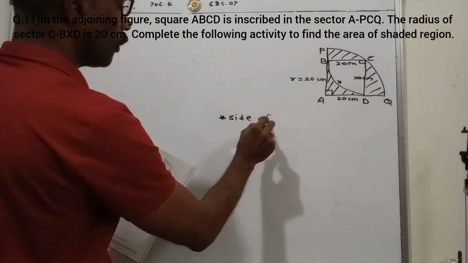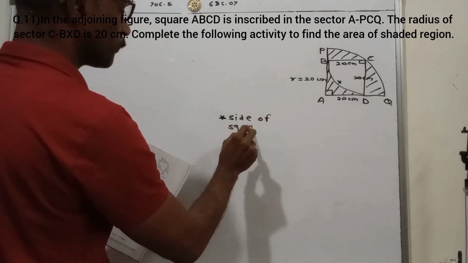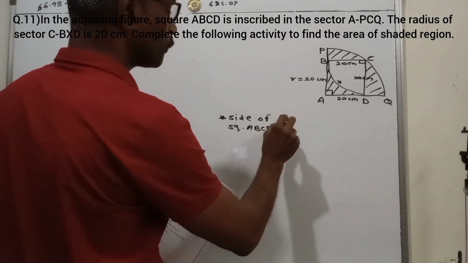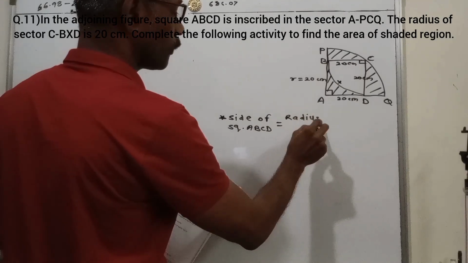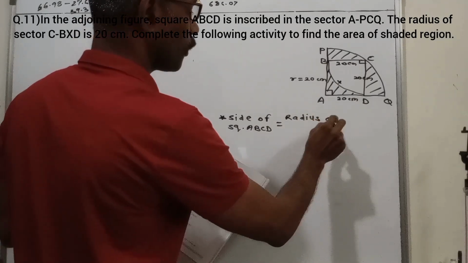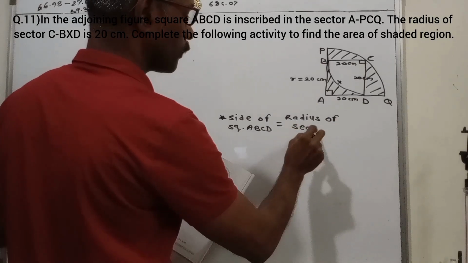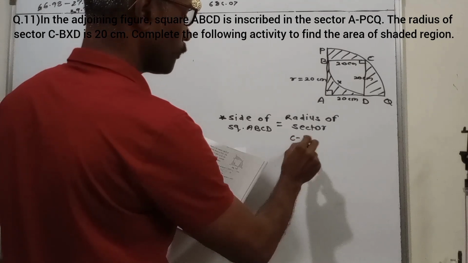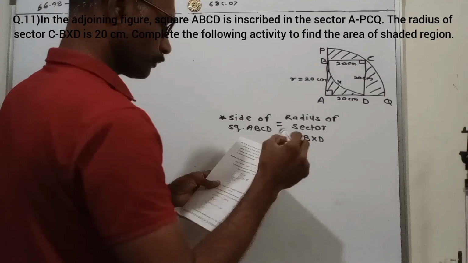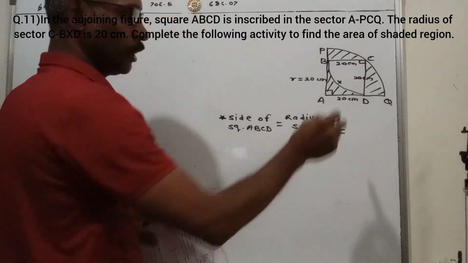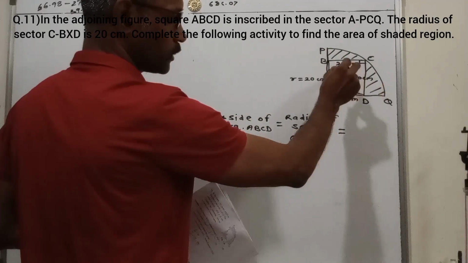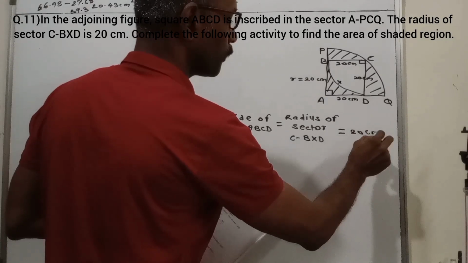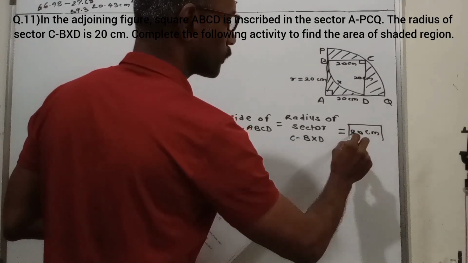Side of square ABCD is equal to the radius of sector C-BXD, which is equal to, see this, C-BXD radius is 20 centimeter. This is your first answer.